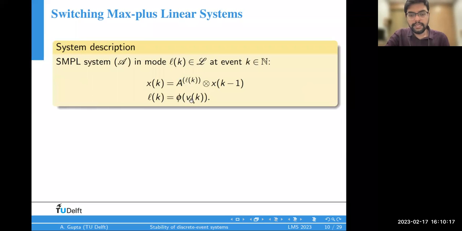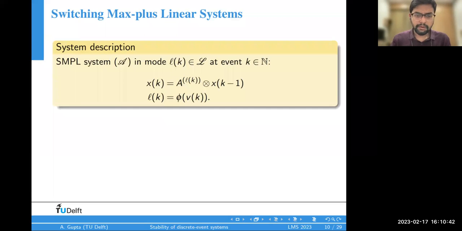This is usually the case in application, but for now, I assume that this L of k is arbitrary. I call this a switching max plus linear system, and you can think of the modes as production recipes in a manufacturing system, for instance. So for every L, you have a different production recipe.